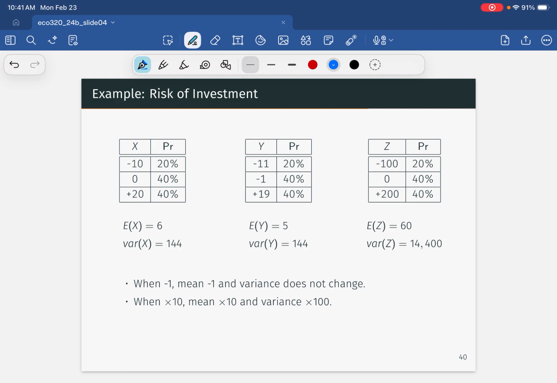Suppose that the original investment was X, and the new investment Y is X minus 1, right? I have to pay $1 upfront, and say Z is when I invest 10 times more than the original, right? So Y and Z are new random variables transformed from the original. And then let's think about the mean. Original is 6, but it is 5, it is 60.